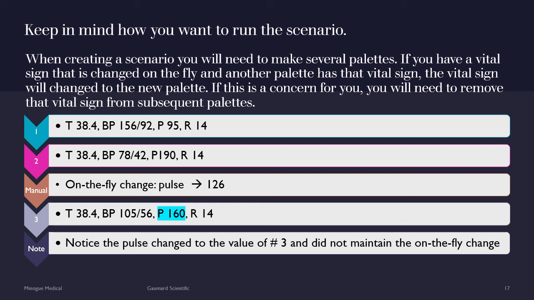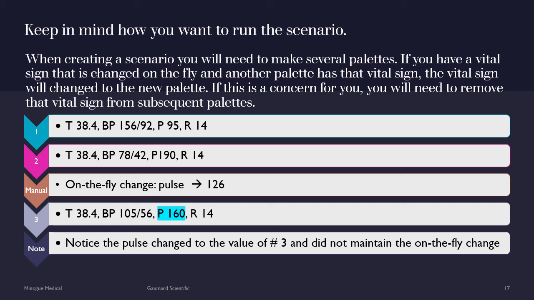However, keep in mind that if the next palette that comes up has a different pulse on it, then that pulse is going to change to whatever the palette said, not your on-the-fly change.